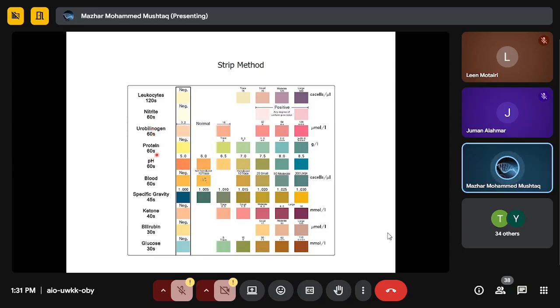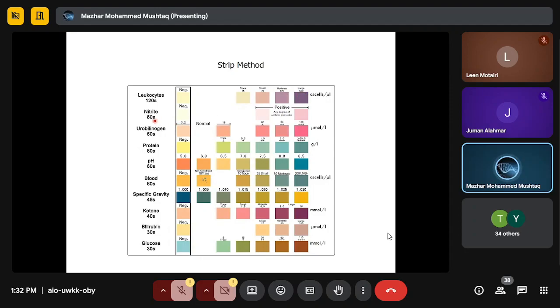The 60 seconds means that it should be dipped in the urine for 60 seconds or so, or for 120 seconds. You just dip it for 1 minute, and you will see the change in the color. For example, this is the negative color, this is the trace amount, this is the small amount, this is the moderate amount, and this is the large amount of leukocytes present.